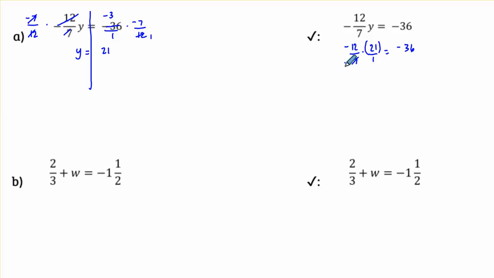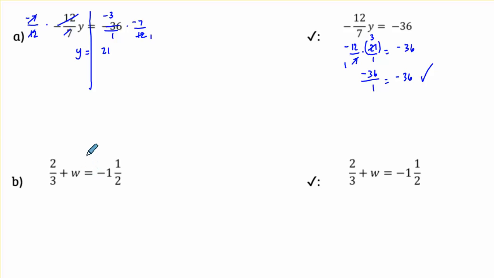The 7 divided by 7 is 1, 21 divided by 7 is 3. So I wind up with a negative 12 times a positive 3, which is negative 36, and 1 times 1 on the bottom. I bring this down over here, and I know that I'm right because negative 36 over 1 is indeed equal to negative 36. So my solution is correct.